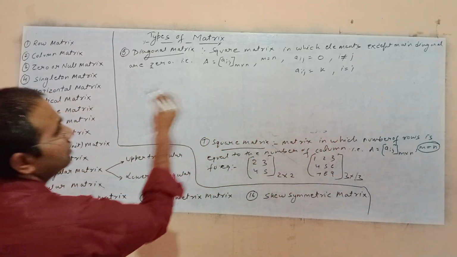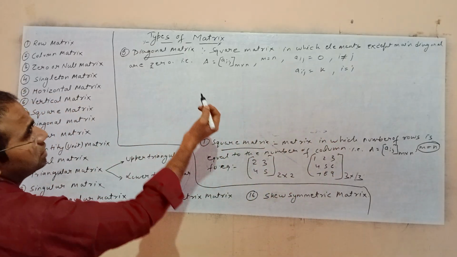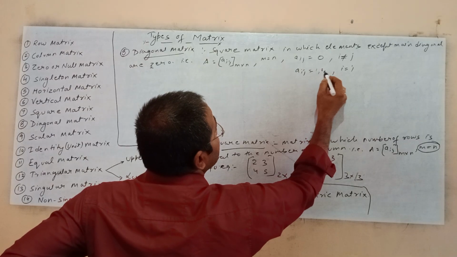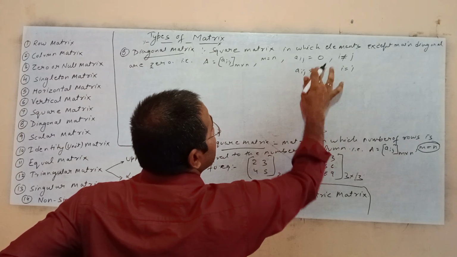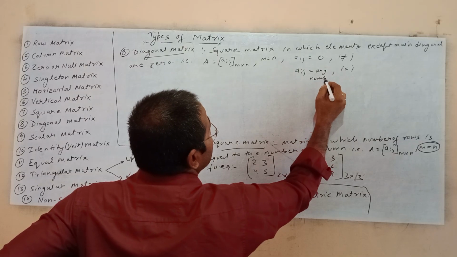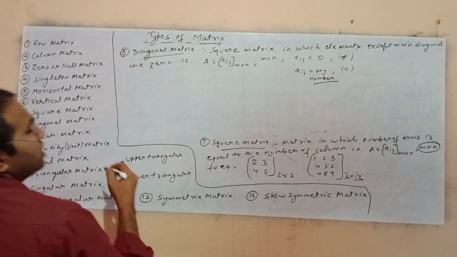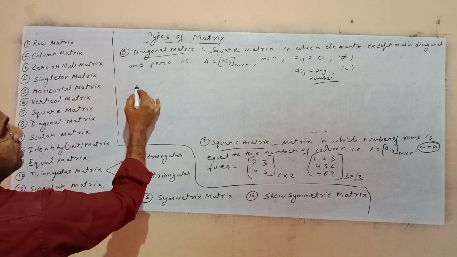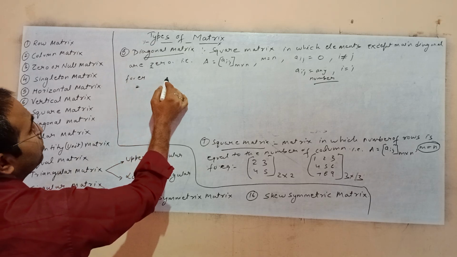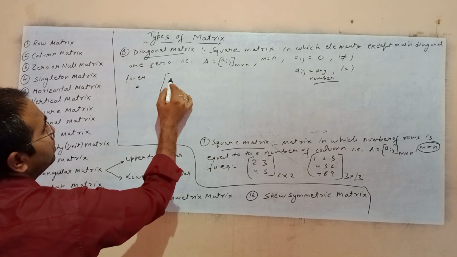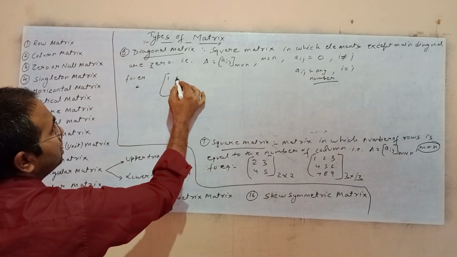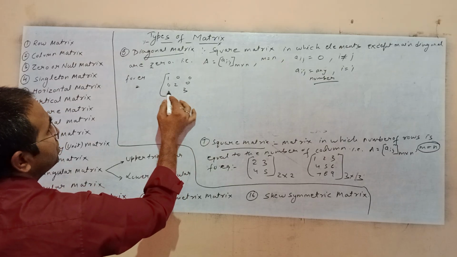Okay, so it can be defined as, any number will be there. Suppose 1, 2, 3, -1, -2. Okay, any number will be there. For example, suppose you are writing 1, 2, 3 in the main diagonal, and 0, 0, 0, 0, 0, 0 elsewhere.